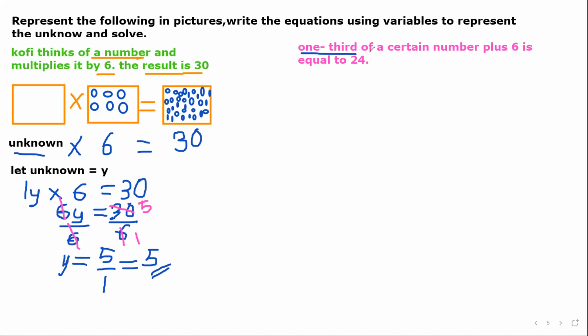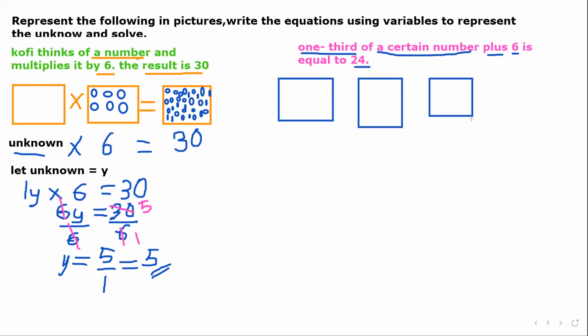1/3 of a certain number plus 6 is equal to 24. 1/3 of a certain number plus 6. The result is 24. So let me quickly draw my boxes. Now it says 1/3. 1/3 means 1/3 of a certain number we don't know.